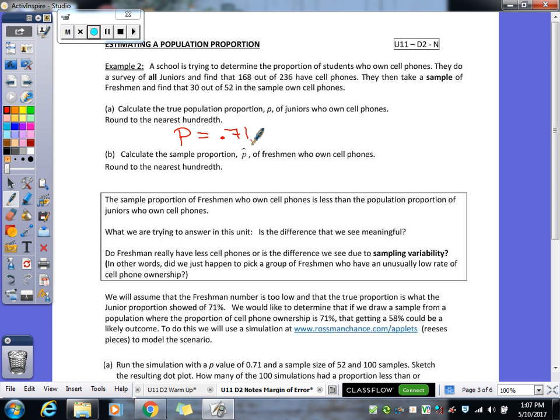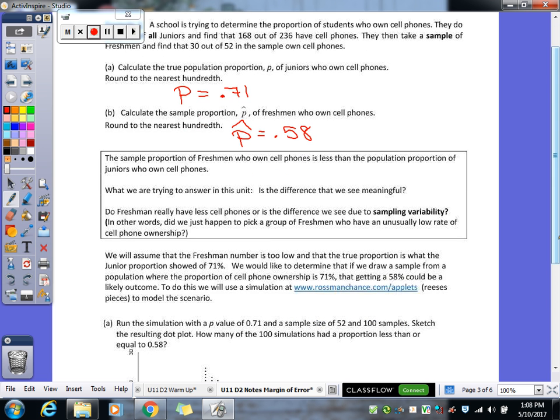Our p-hat for our freshmen was 0.58, based on the sample we had for our freshmen, so 58% of them said they had cell phones. So the sample proportion for your freshmen was less than our total population proportion for your juniors. So then the question becomes: do freshmen really have fewer cell phones than juniors do?